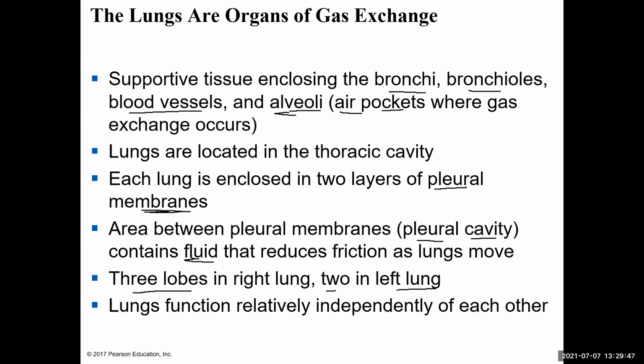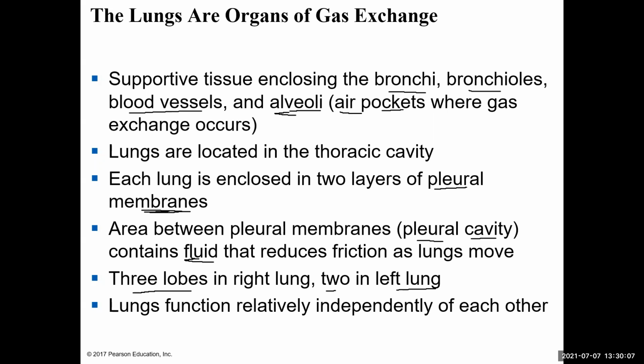And this is actually because the heart kind of protrudes into the left space of the lung. And so the lung can't be large enough to have that third lobe. And so it's actually only 2 lobes in the left lung.